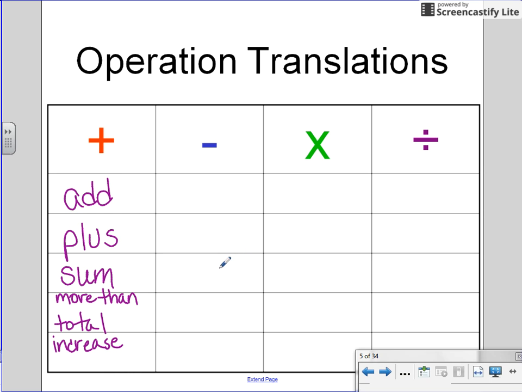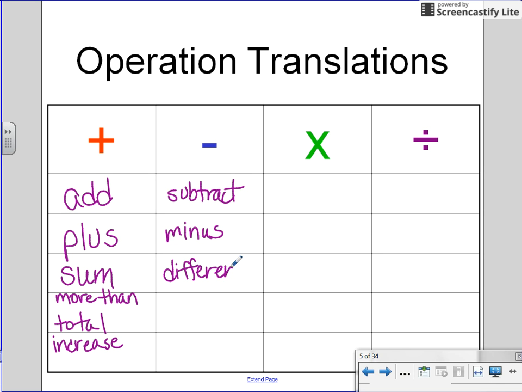All right, its counterpart, or an inverse operation to adding, is what we have in this next column. And word-wise, I want you to think of words that basically are antonyms here. So add, I think of subtract. When I see the word plus, I think of the counterpart minus. Mathematically, when we say the word sum to mean add, we often see the word difference to indicate subtraction.